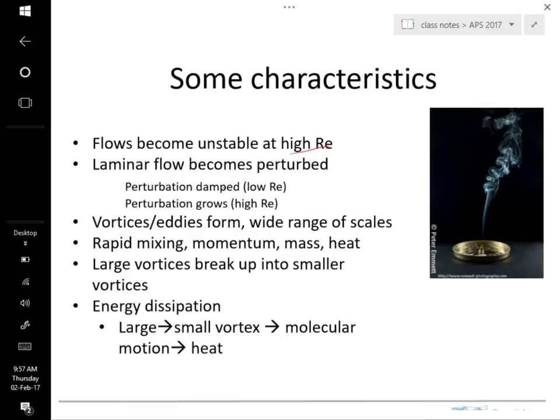But with higher Reynolds number, if there's some kind of perturbation, that perturbation will grow and form these vortices. They form over a wide range of temporal and spatial scales. And what happens when these things form is that you get some very rapid mixing. The mixing is of mass, pretty obviously, but also momentum and heat; everything gets mixed within these flows. The other thing we see is large vortices breaking up into smaller ones. We saw several examples of that.